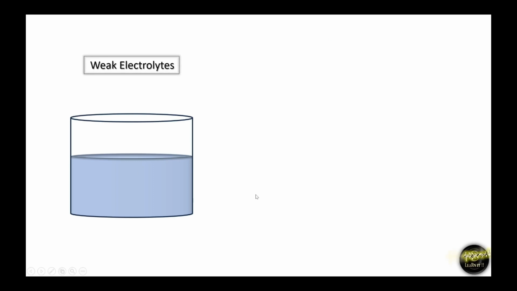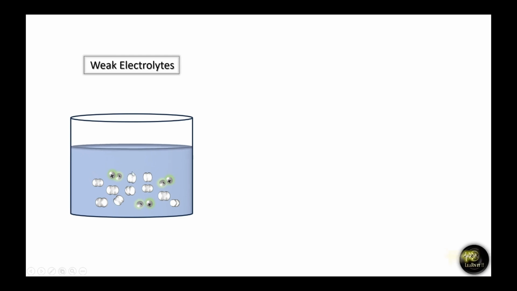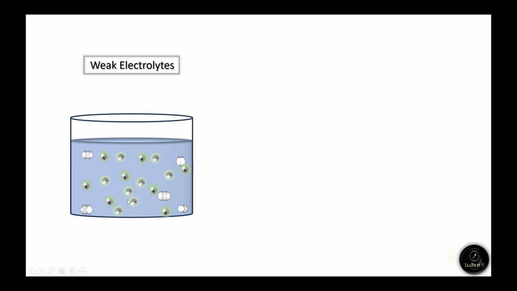So, variation of molar conductance with respect to weak electrolytes. Consider that a weak electrolyte is taken and we added water. The amount of weak electrolyte taken is 1 molar. We know when we add the water, there will be partial dissociation, and upon dilution there will be more ions produced. We don't know how many ions are produced.